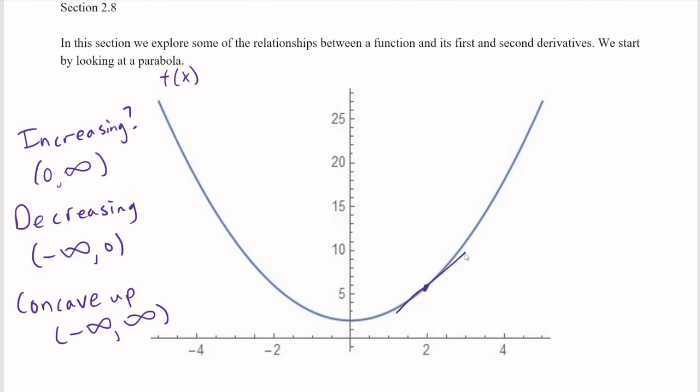Draw the tangent line, slope positive. My function's increasing there too, right? What about over here? Draw the tangent line. My slope is negative, so I'm decreasing. That's the connection we have to make.